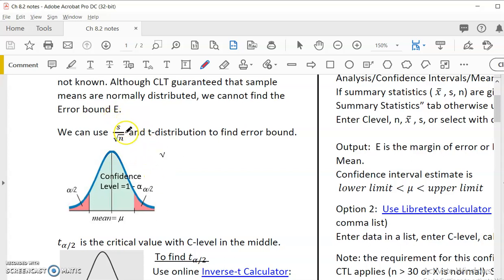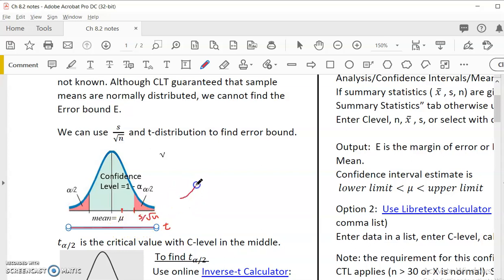So instead of using Z, we would use this. Each tick mark would be S over square root n. That's what we do, but instead of counting them as Z, we count them as T. It is called a T distribution.